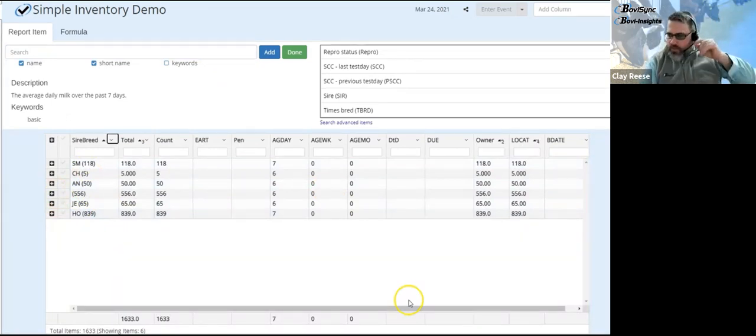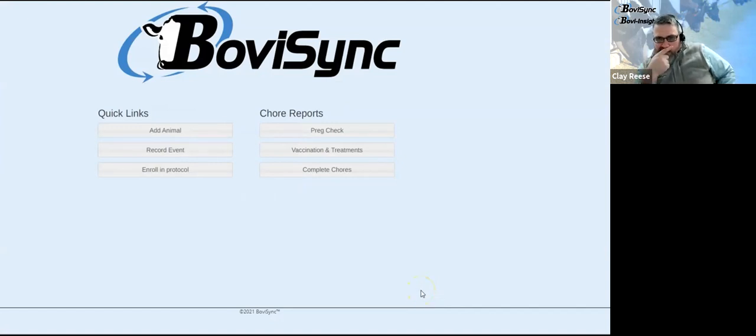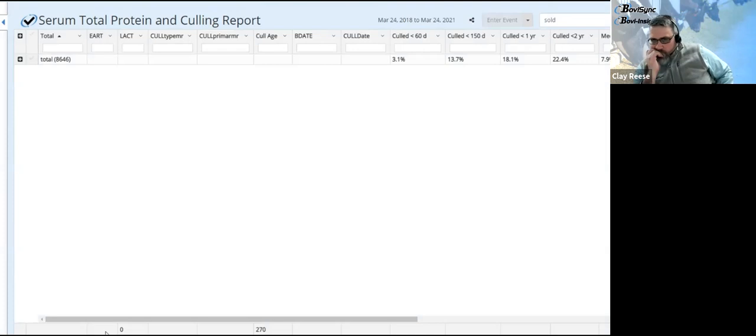Okay, excellent. So I put together a more interesting report that we can dig into to see the full extent of what Bovi-Insights is capable of. So we all know that early calf care, and particularly getting enough quality colostrum into calves, is important to their long-term health and success, right?